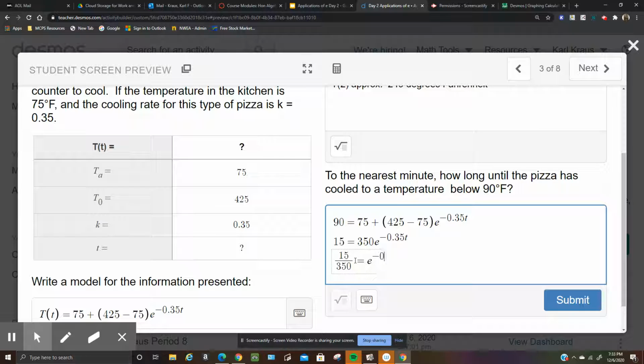I'm going to take this equation and make it the equivalent log equation.